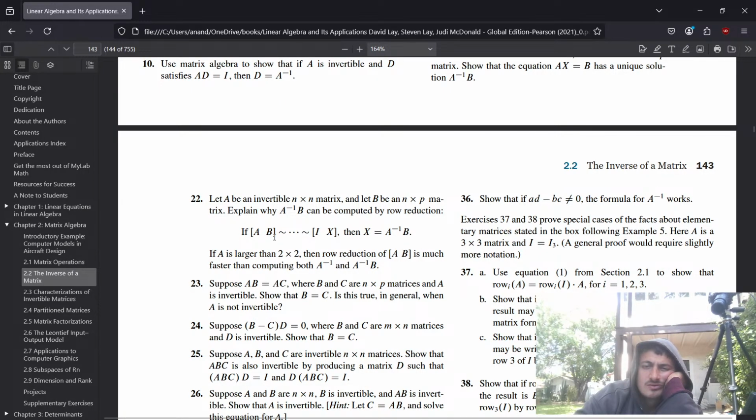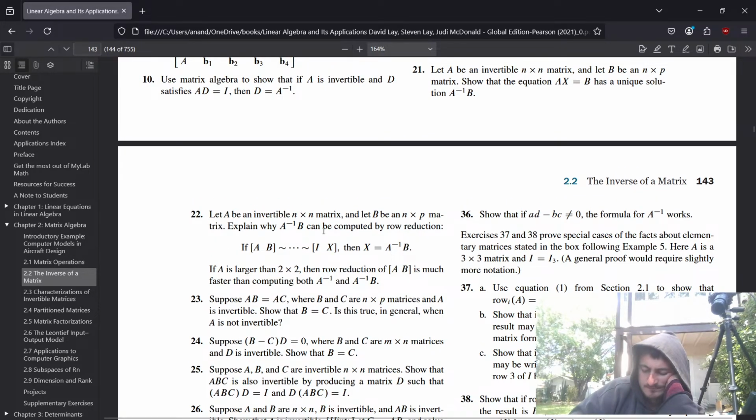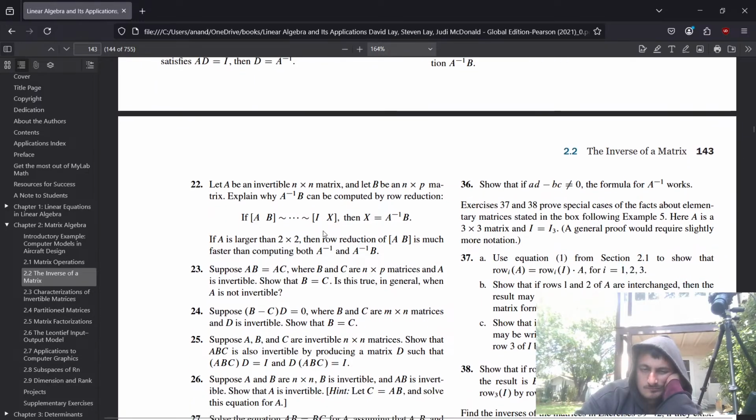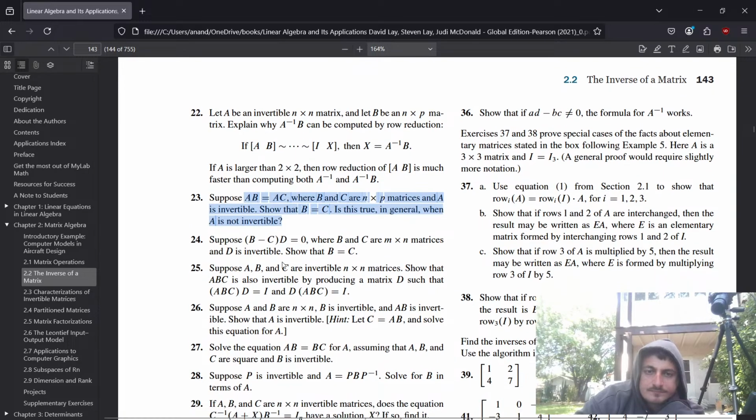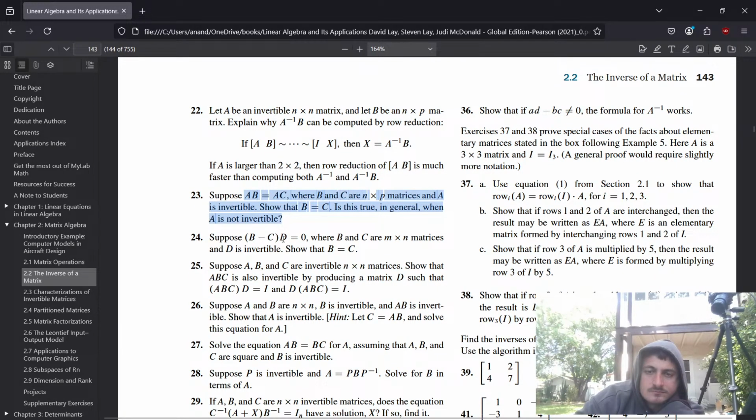If AB... I like 21 and 22. Is good. These are all good.